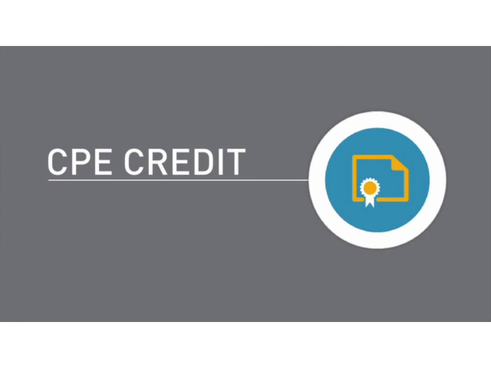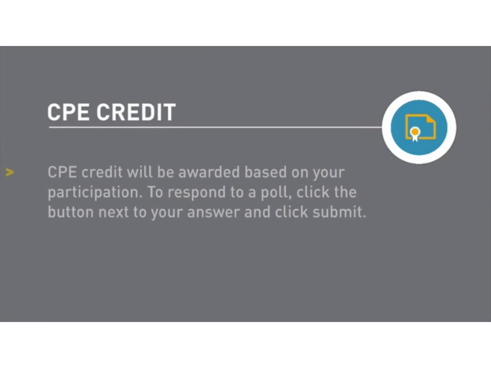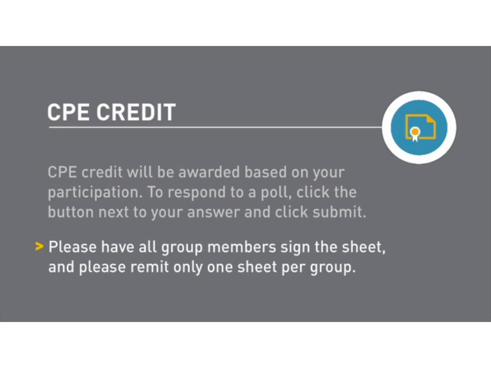Per the National Association of State Boards of Accountancy Webcast CPE standards, CPE credit will be awarded based on your participation in these polls. To respond to a poll, click the button next to your answer. If you're attending this webcast in a group, you must complete our attendance sheet to receive CPE credit.